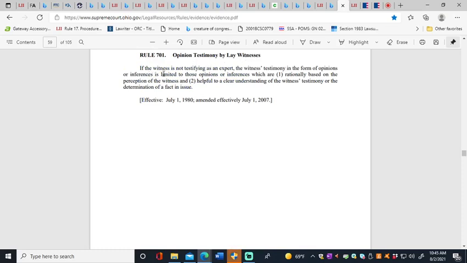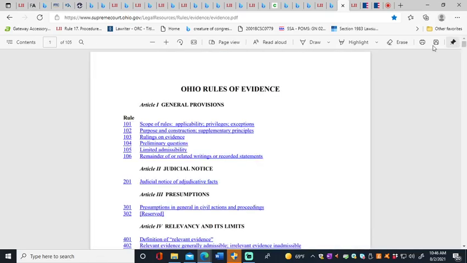If the witness is not testifying as an expert, the witness's testimony in the form of an opinion or inference is limited to those opinions or inferences which are rationally based on the perception of the witness and helpful to a clear understanding of the witness's testimony or the determination of facts in issue. So this is very important as a layman, what he attests to and how the courts look at his testimony.